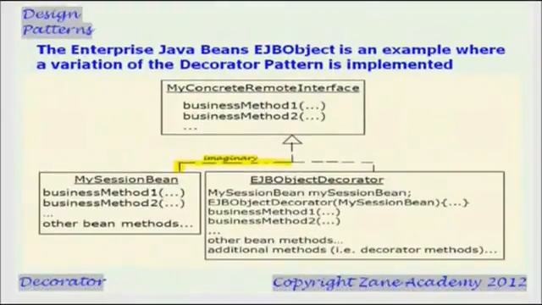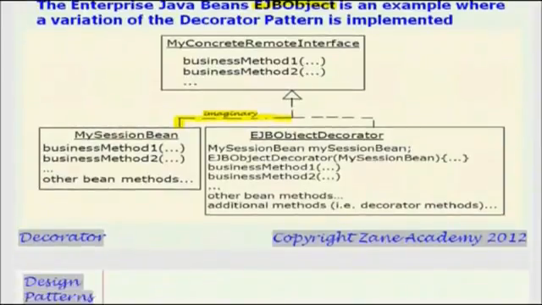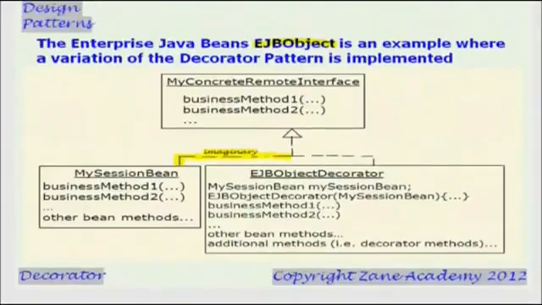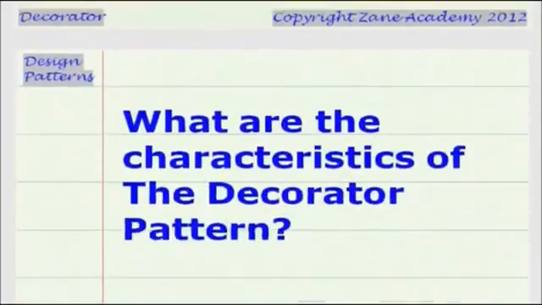In EJBs, we have the EJB object, and that's essentially an example where the decorator pattern is used. And I'll explain how it's used shortly.